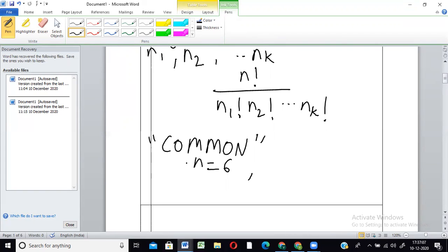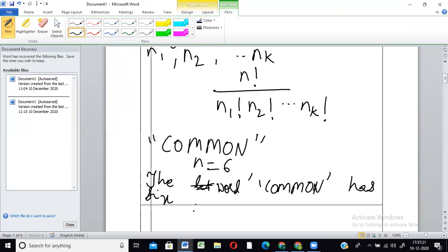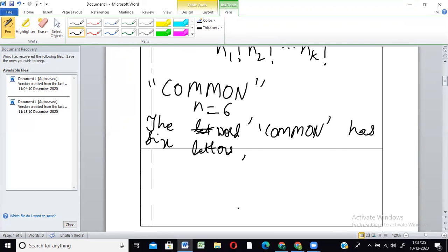So the word COMMON has 6 letters, and out of these O and M are repeated twice.